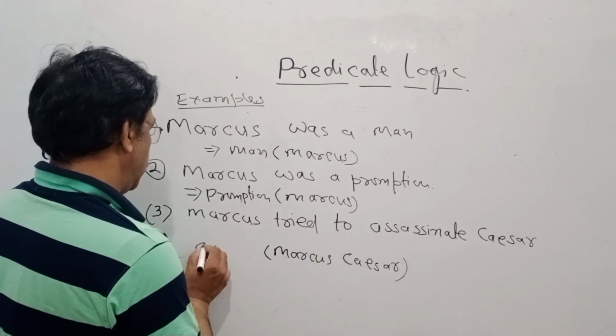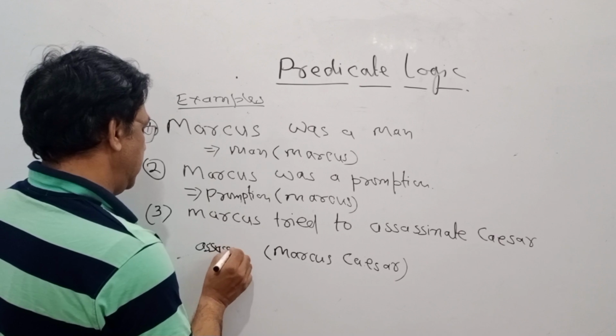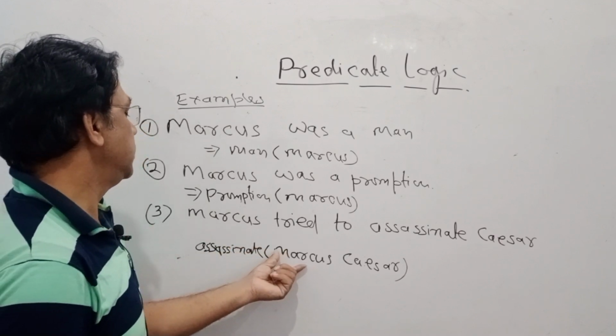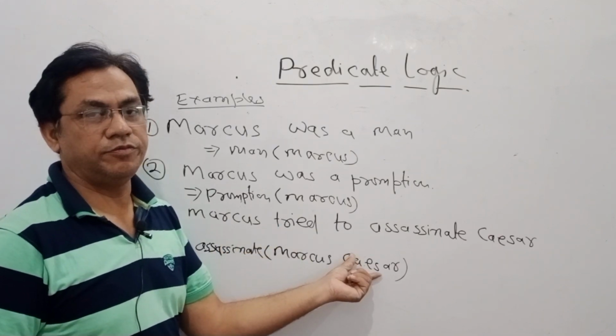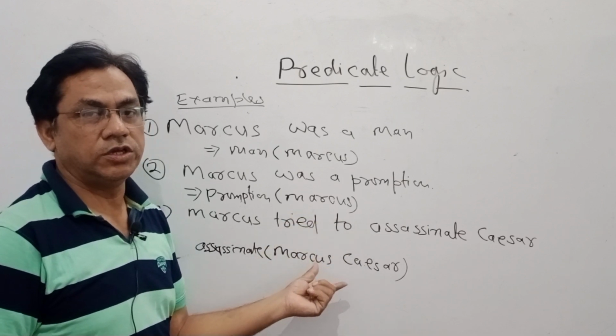So I put assassinate here. That means Marcus tried to assassinate Caesar. In this way, I can represent this knowledge in predicate logic.